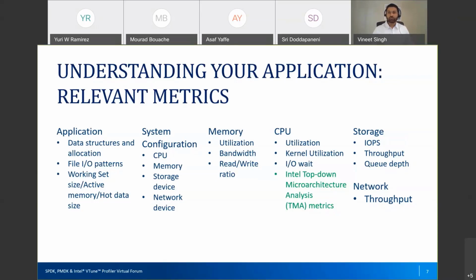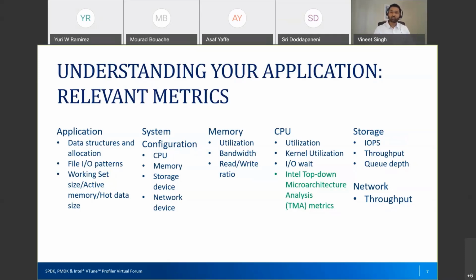As I mentioned before, you need to understand how your application is using the storage and network devices available on your system. So IOPS, throughput, and queue depth are the common metrics that you need to understand about your storage requirements. And network throughput is something you need to be aware of.